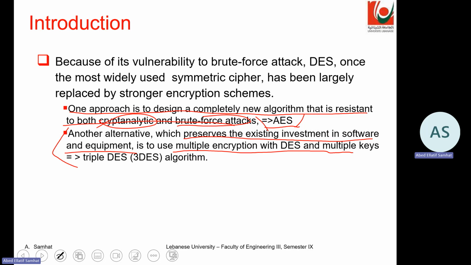The same algorithm is implemented, but they try to increase the key size using what we call the Triple Data Encryption Standard algorithm. So let's start with 3DES in order to see how they used DES, and after that we will explain the other algorithm, which is the Advanced Encryption Standard.